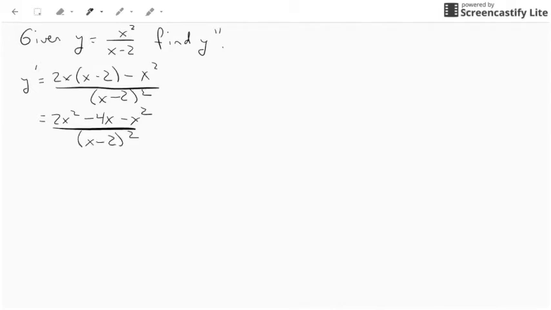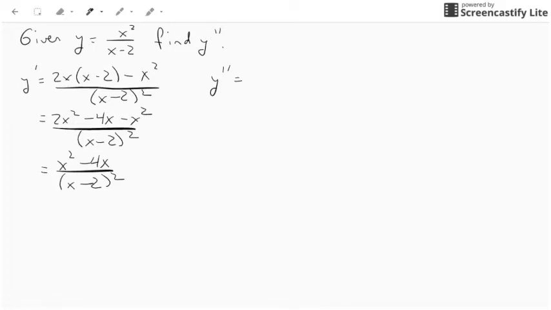Okay, and there's just a little bit of simplification I can do here. 2x squared minus x squared will get me x squared minus 4x all over x minus 2 squared. All right, now I can take the second derivative because I've got the first derivative here. Now, don't feel obliged to try to simplify that down a little bit further by factoring out the x or whatever from the numerator. Nothing's really going to cancel there, so that's about the best we can do. So let's try now taking the second derivative.